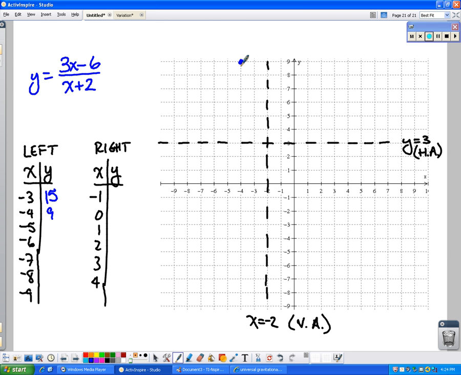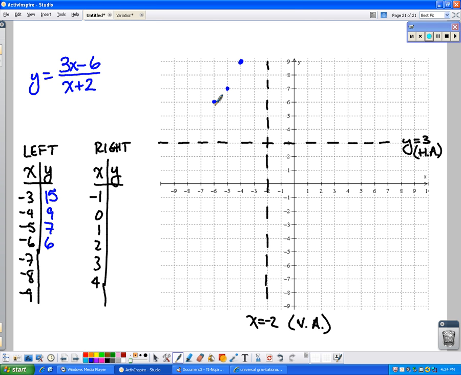Negative 5 would be negative 21 over negative 3. That's 7. We'll place a dot at negative 5, 7. Negative 6, negative 24 over negative 4 is 6. So we have a dot. Negative 7. Looks like we're going to get a decimal value here. We got negative 21 minus 6 is negative 27.